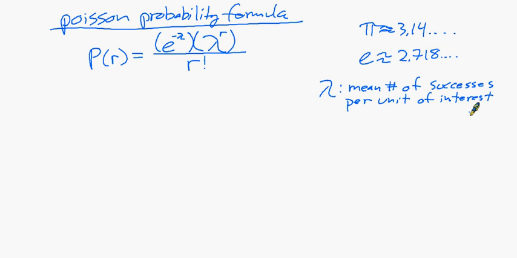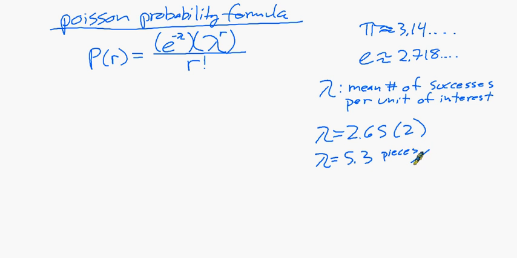Interest is 2 kilometers. So what we have is 2.65, and what we have to do is multiply by 2 because 2.65 is for 1 square kilometer. Our unit of interest is 2 square kilometers. So this becomes 5.3 pieces per 2 square kilometers.